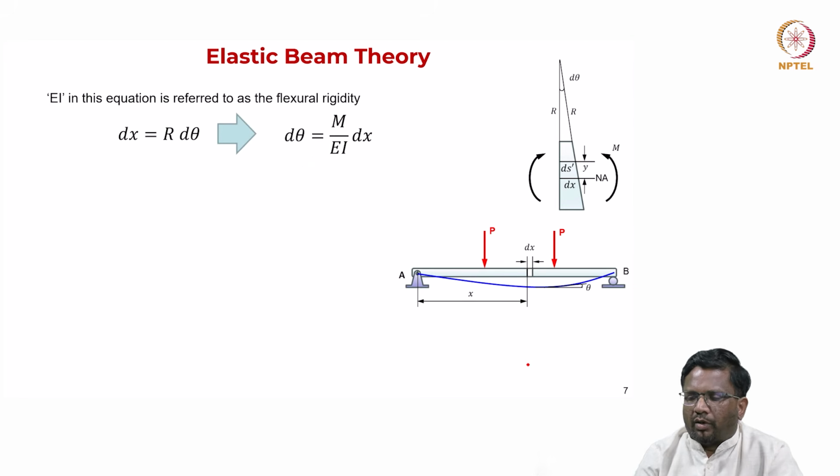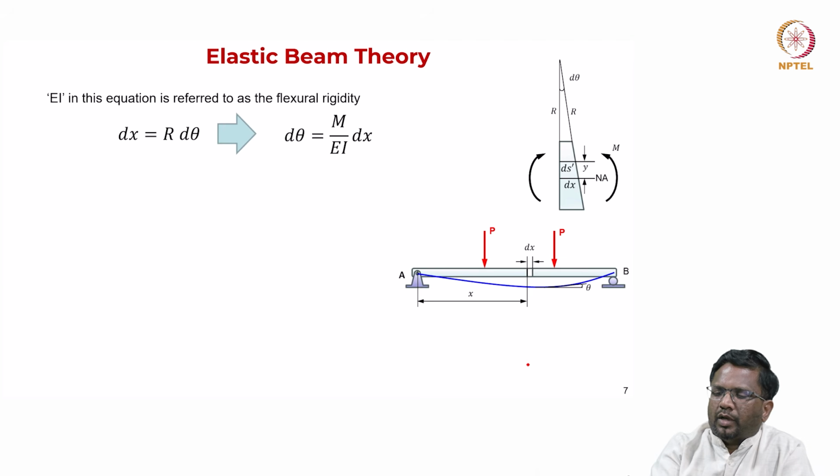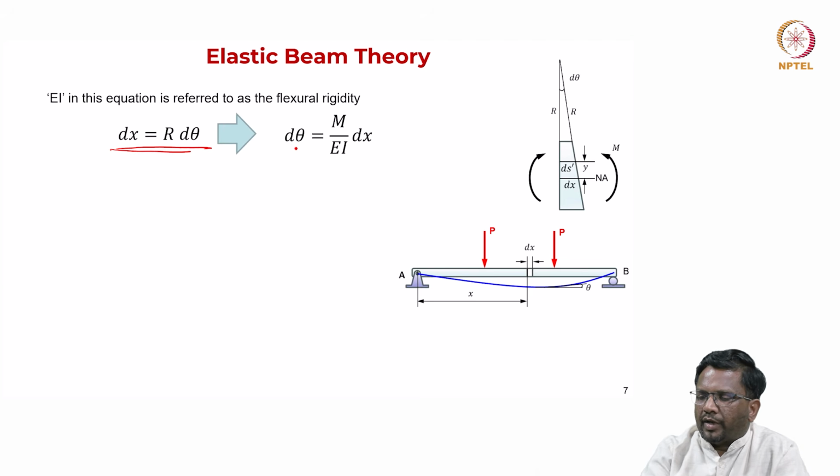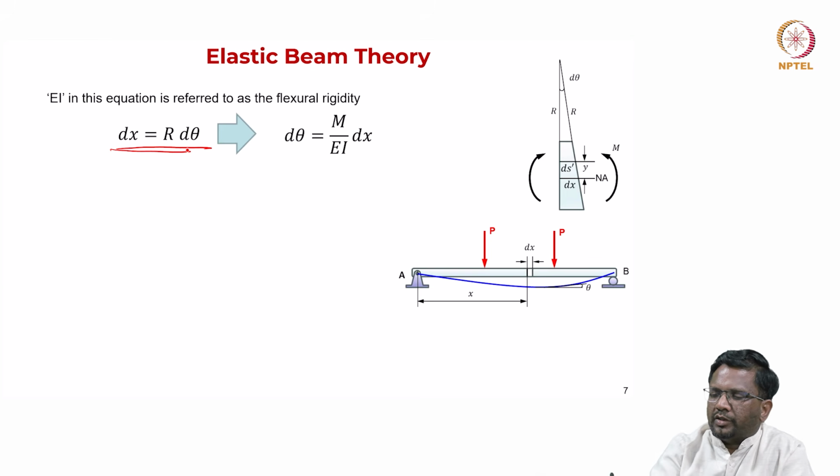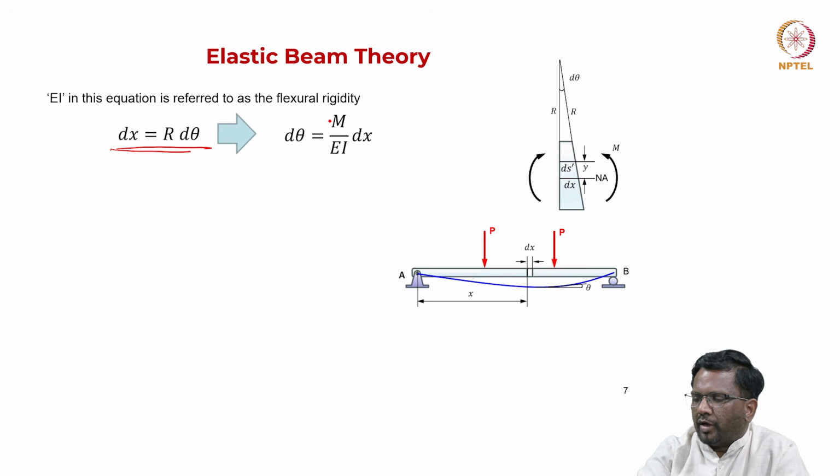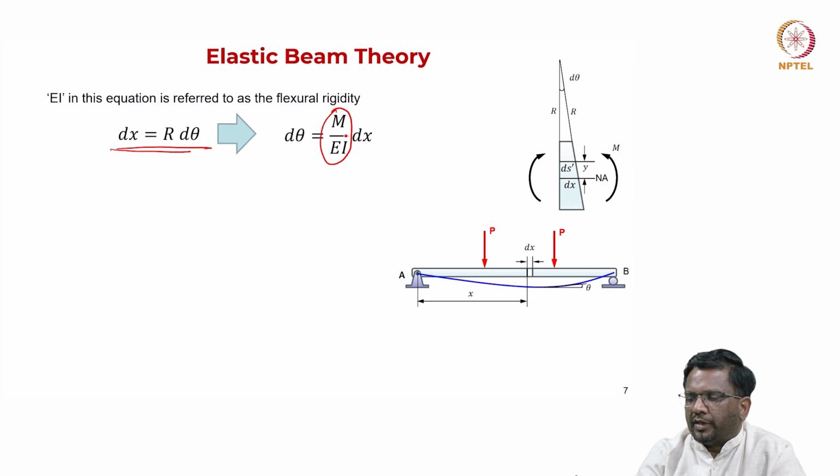Okay, now that we got dx is equal to r into d theta, we can write this as 1 by r, or in other words d theta will be equal to 1 by r into dx, and 1 by r we know is equal to your curvature, M by EI. So, d theta is nothing but M by EI into dx.